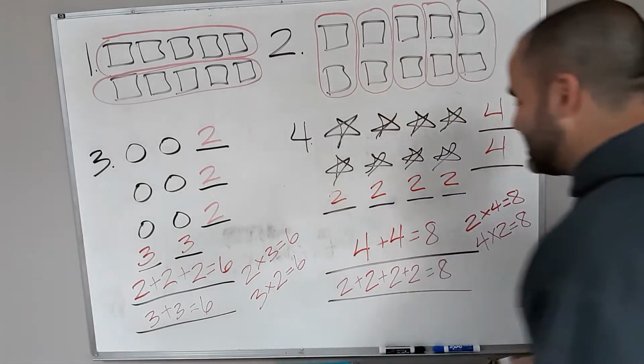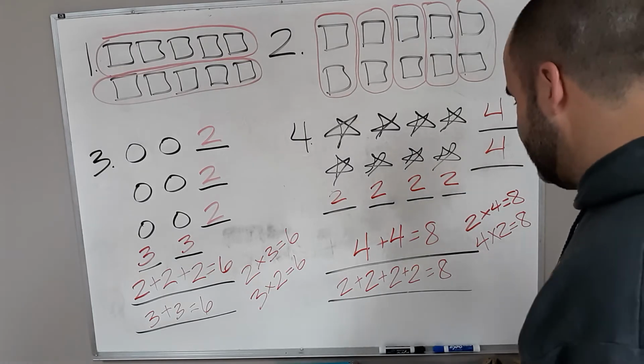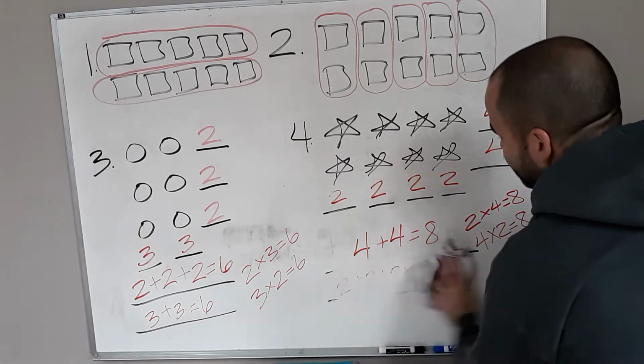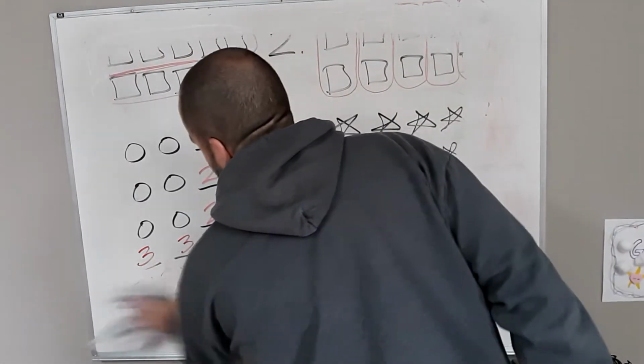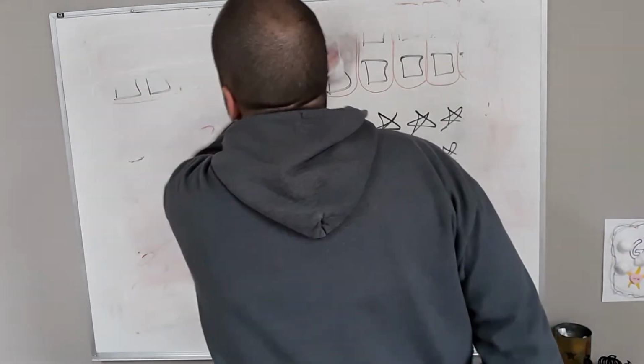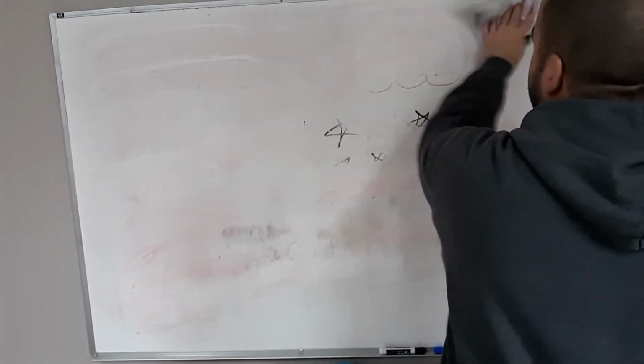Now, the back side of this is talking about something a little bit different than what we've been doing. We have talked a lot about perimeter, meaning measuring the distance around something. So like this board that I have up here, this whiteboard, whew, that leaves some messes.